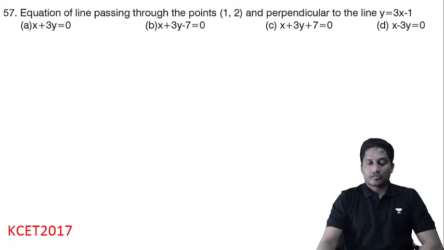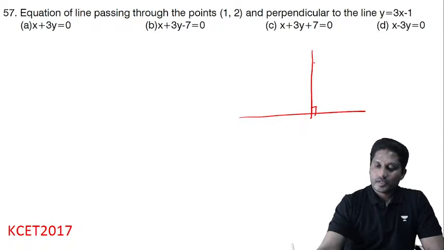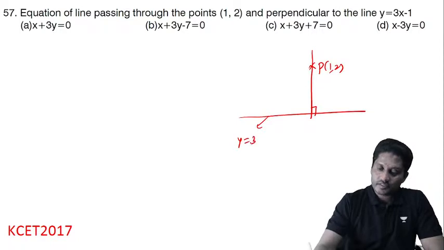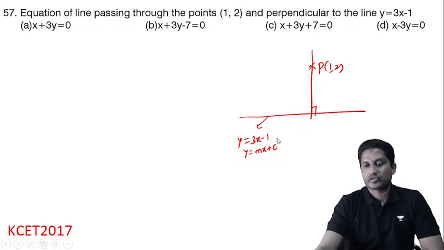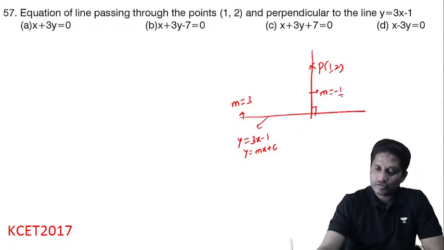Question number 57. Equation of the line passing through the point 1, 2 and perpendicular to the line y is equal to 3x minus 1. Of the form y is equal to mx plus c, or you bring it to standard form and write minus a by b slope. Slope of this line is 3. Slope of the perpendicular line is minus 1 by 3, right? So you know the slope, you know the point.